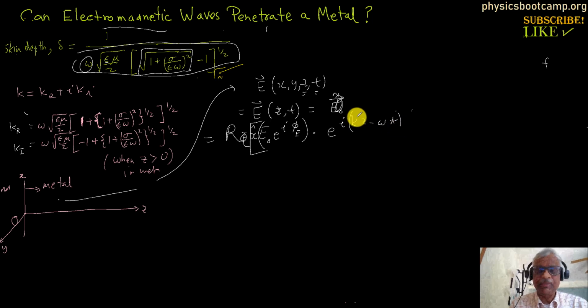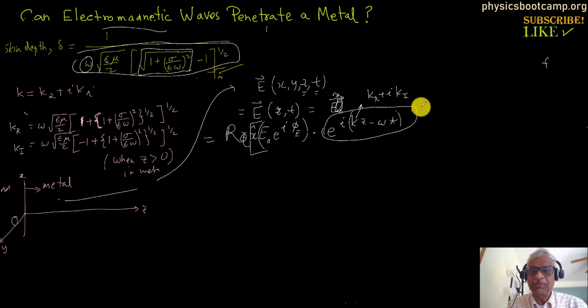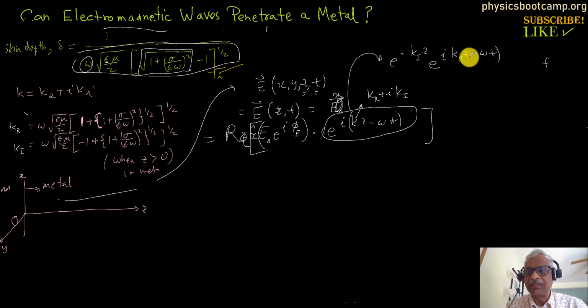But now notice that k is actually k real plus i k imaginary. Put it in there and you will see that this factor, which depends on space and time, starts to become really interesting. We get e to the power minus k imaginary z, which is totally real, times e to the power i (k real z minus omega t).